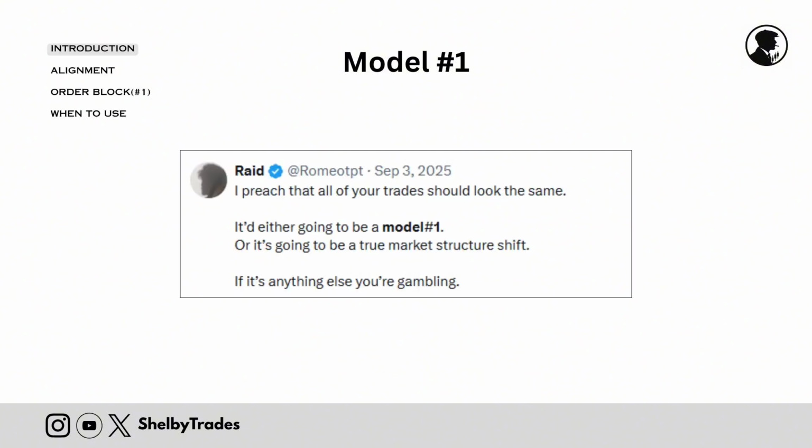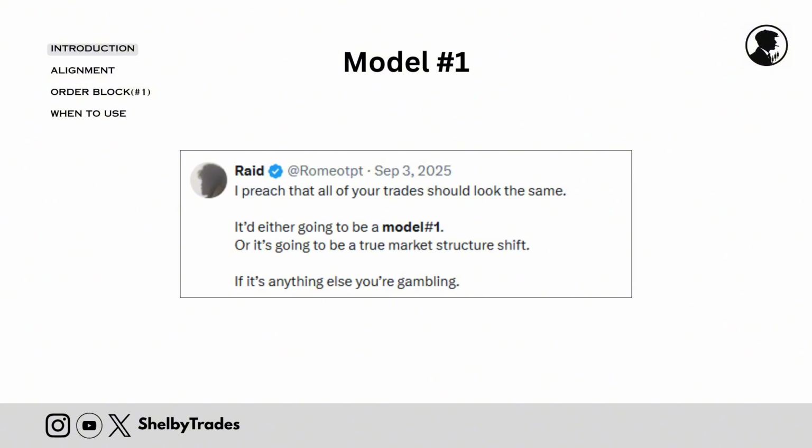So the introduction part, and all the credit goes to our lovable mentor, Dr. Romeo, the founder or creator of CRT trading. This is one of his tweets, tweeted on September 3, 2025.